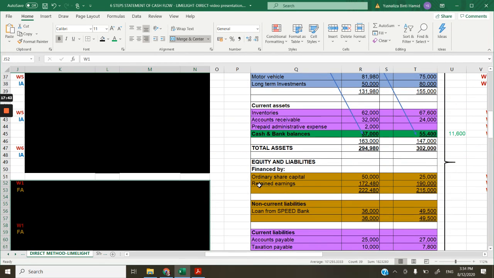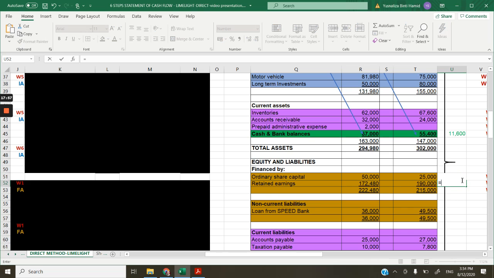So I will start off with the most important thing that investors will look upon, which is the retained earnings or the profitability of the company. Now if you look at the case here, you may notice that there was a decrease in the retained earnings.